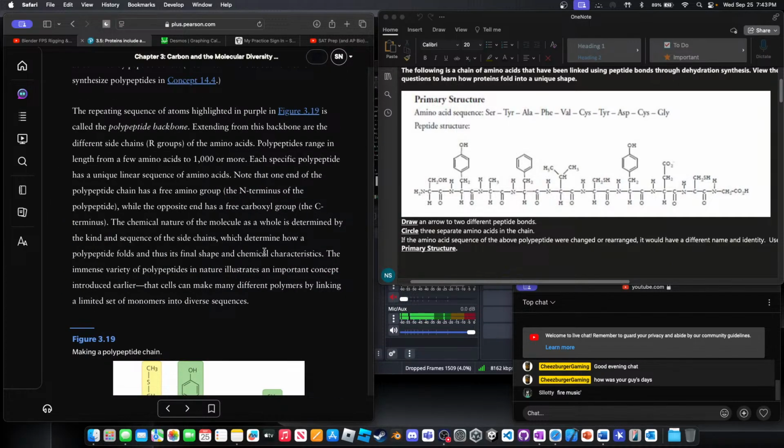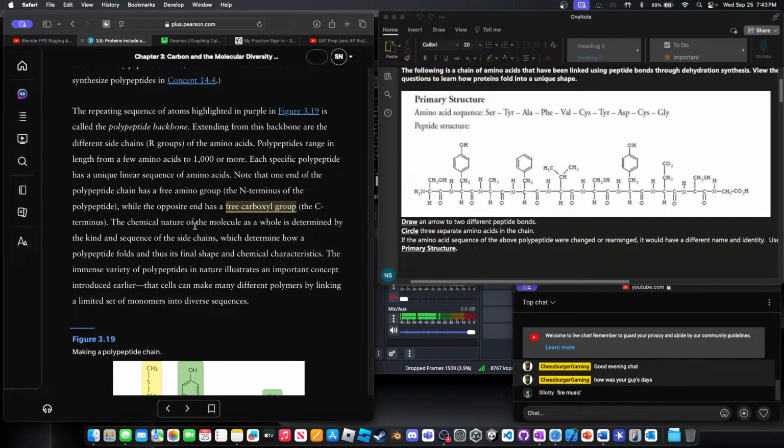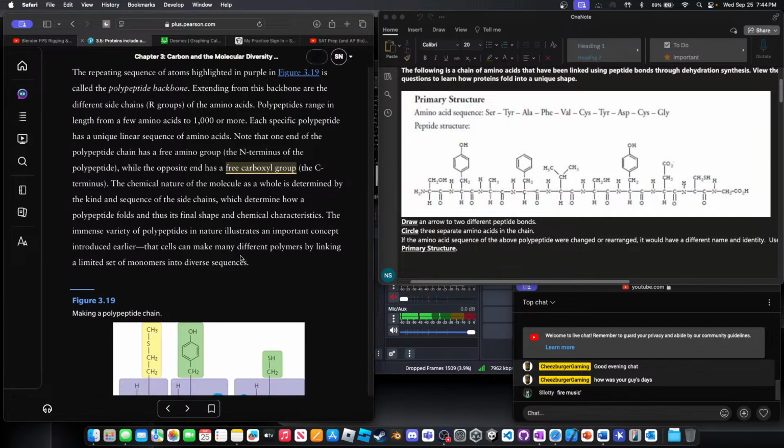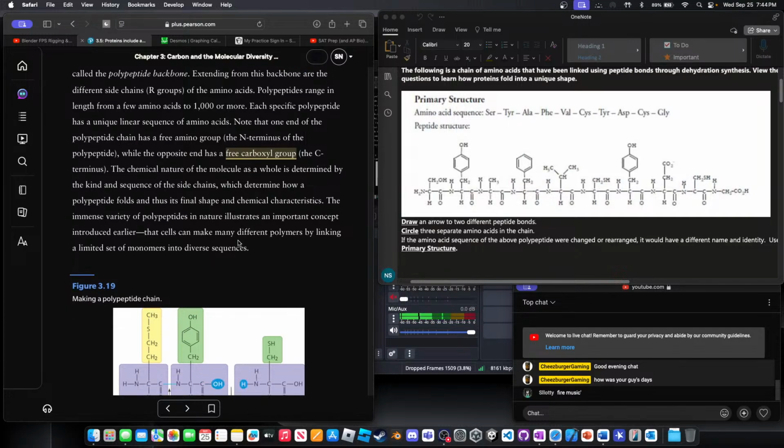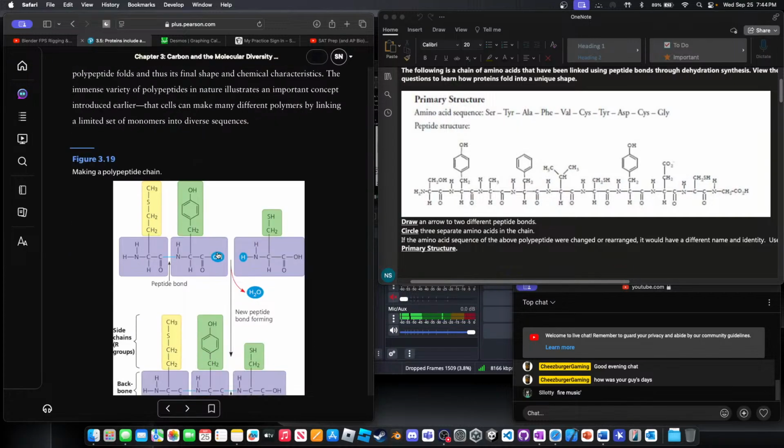The free carboxyl group right here. Highlight the C-terminus. The chemical nature of the molecule as a whole is determined by the kind and sequence of the side chains, which determine how a polypeptide folds and thus its final shape and chemical characteristics. The immense variety of polypeptides in nature illustrates an important concept introduced earlier, that cells can make many different polymers by linking a limited set of monomers into diverse sequences, making a polypeptide chain.